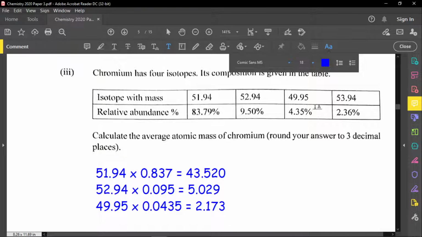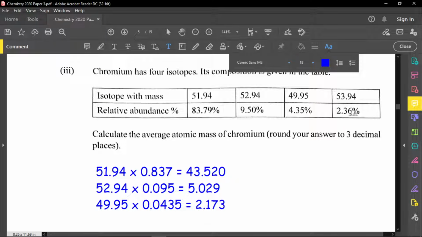The last one is 53.94. We're going to multiply that by 2.36%, so multiplied by 0.0236. That will give us a value of 1.273.